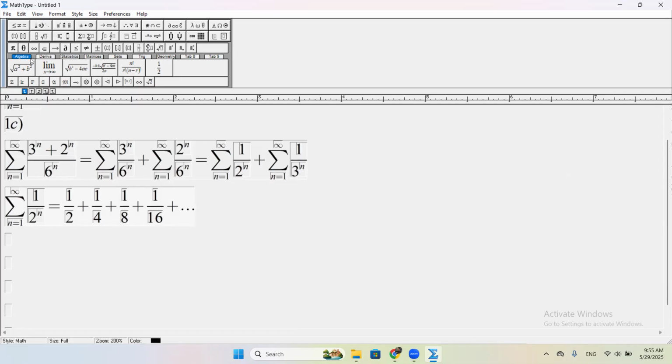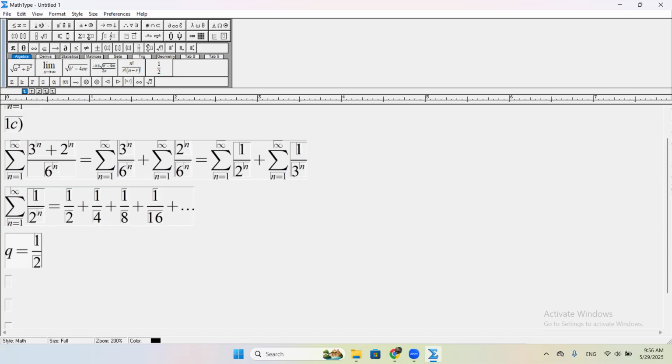Actually, it's a geometrical progression. The first term is 1 over 2. And by the way, this is a geometrical progression that infinitely decreases. The first term is 1 over 2, and the denominator of such a geometrical progression is 1 over 2.